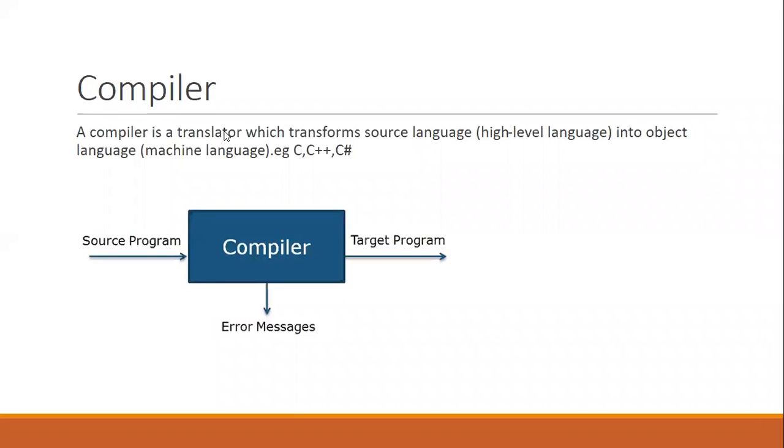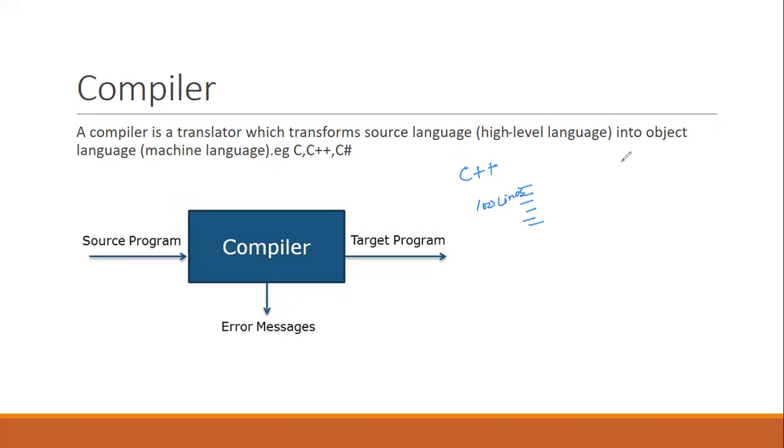Okay, so let's first talk about the compiler. When we talk about the compiler, what does the compiler do? Say for example, you are writing code in any high level language, say C++, and you have some 100 lines of code.